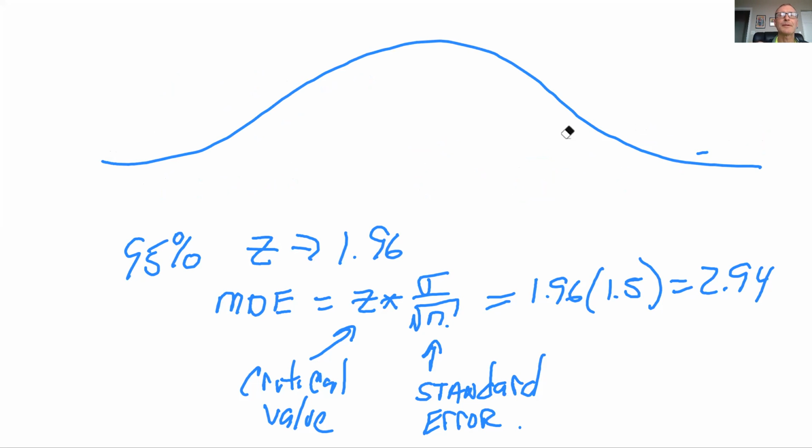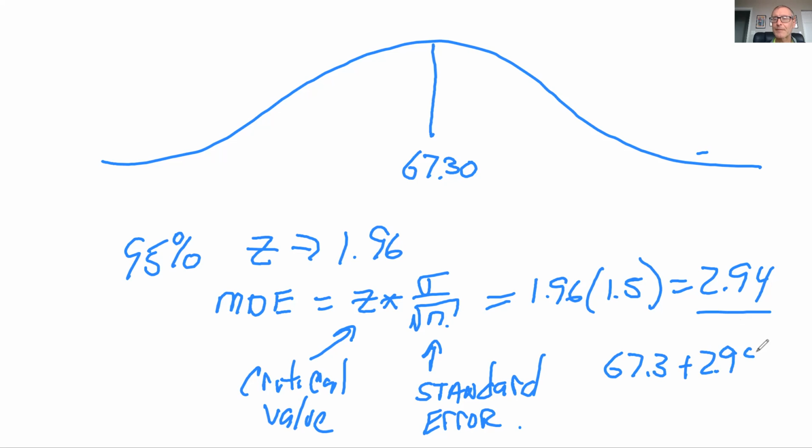And if the mean here is 67.30, and if we add 2.94 to 67.3, you would get 70.24. And so that would be somewhere out here.